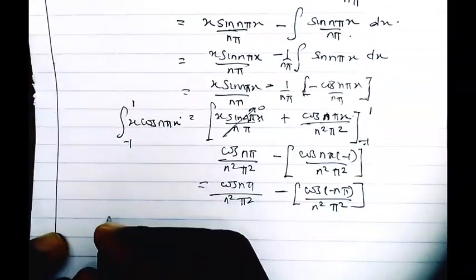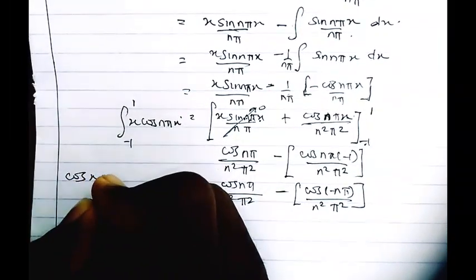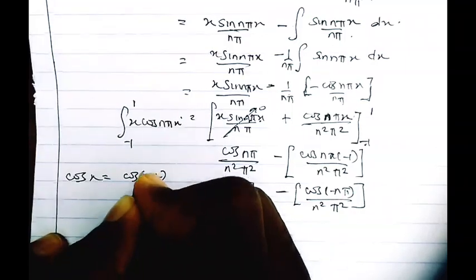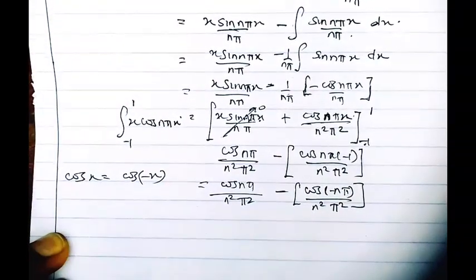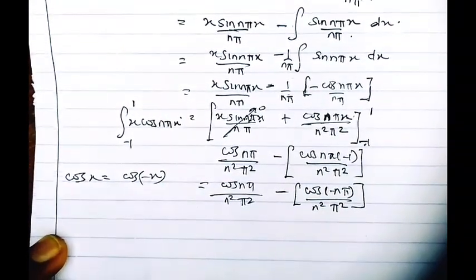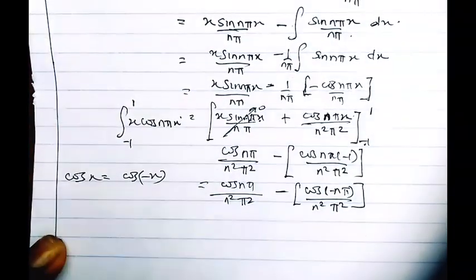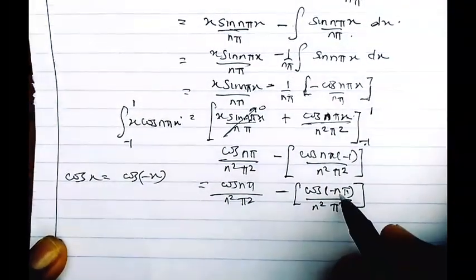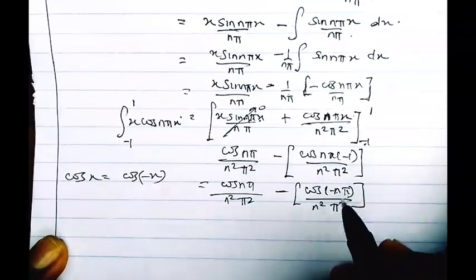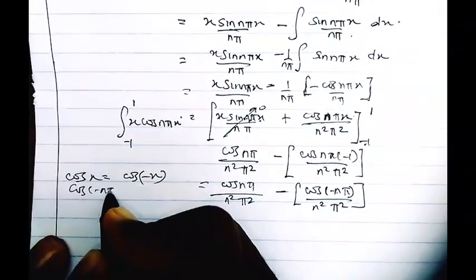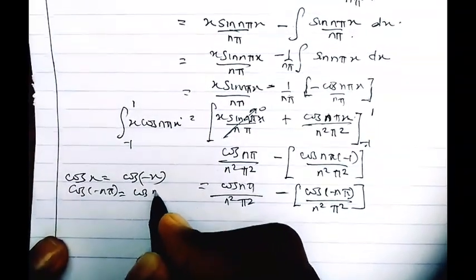Now there's a rule that says cos x is equal to cos minus x. Remember, cos is an even function, so the rule for even functions also applies to your cosine, right? Cos x is the same thing as cos minus x. So cos minus n pi is still the same thing as cos n pi.